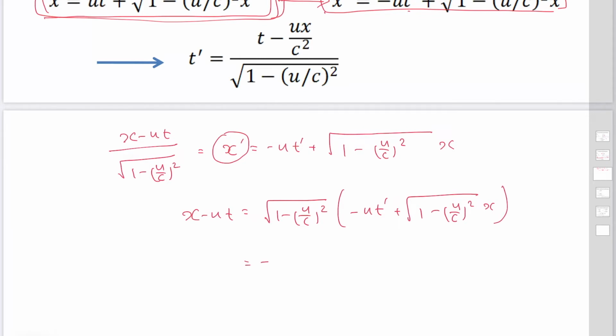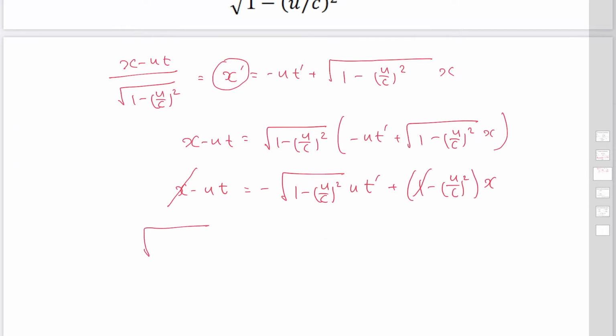This is minus square root of 1 minus u over c squared times ut prime plus 1 minus u over c squared times x. This is x minus ut. So x is going to be cancelled out.